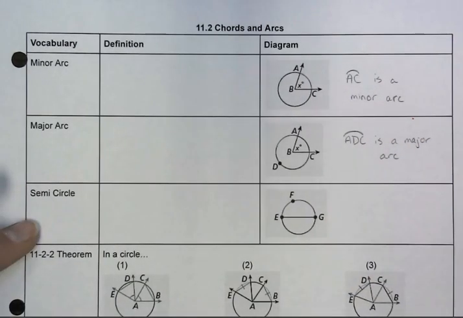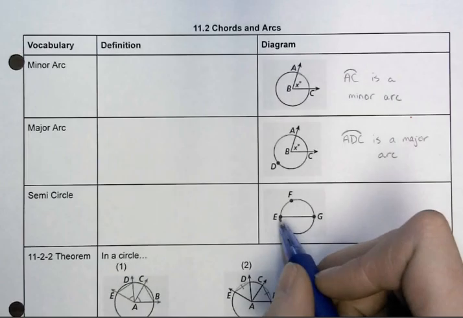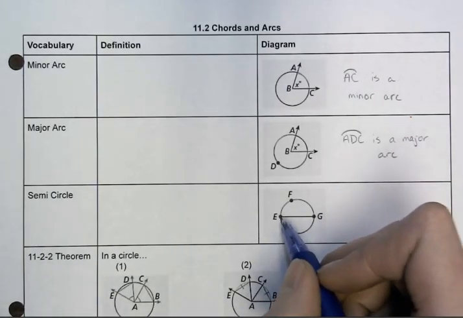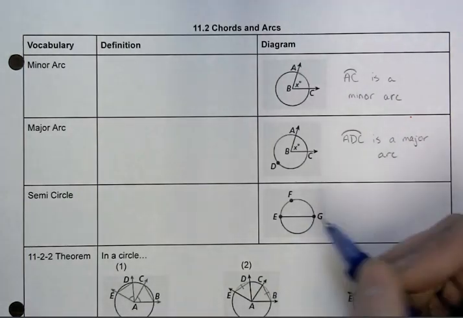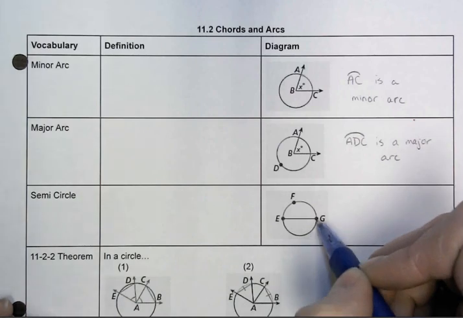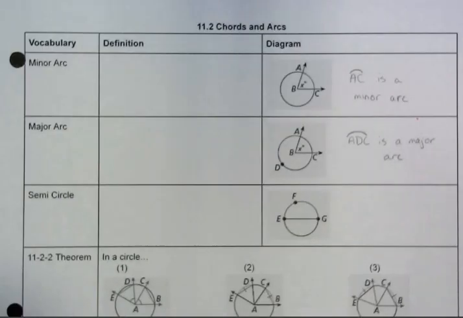And then this hopefully is not a new term, but a semicircle is a half circle. So with this one, again, we'll typically use three letters, but this one we could also use two, because EG this way and this way would both give me a semicircle.